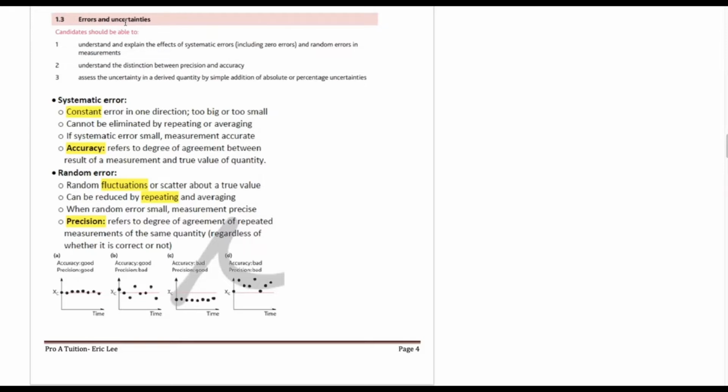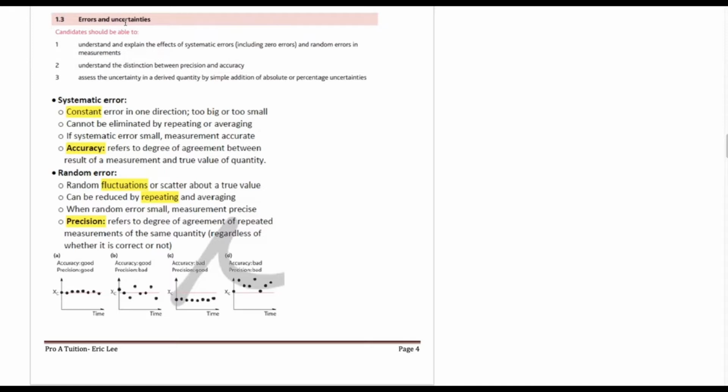So the idea of precise is here. Precision refers to the degree of agreement of repeated measurements of the same quantity, regardless of whether it is correct or not. In more simple words, the measurements are precise when they are close to each other.